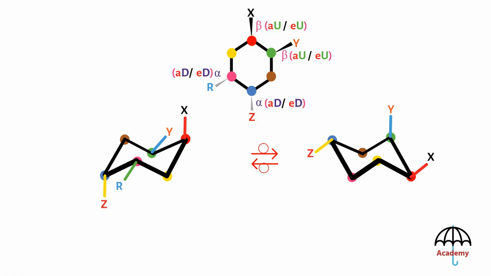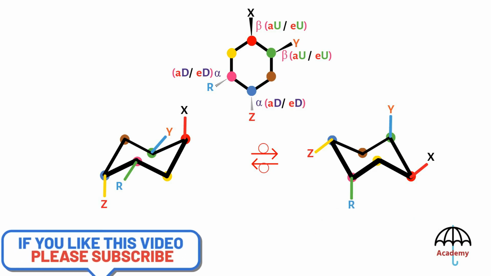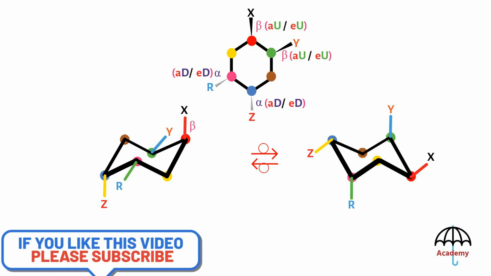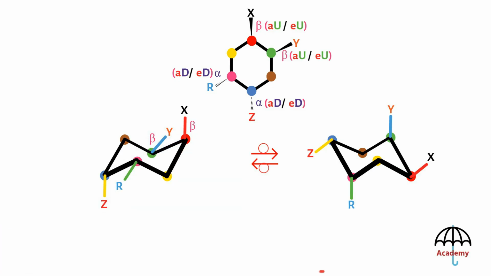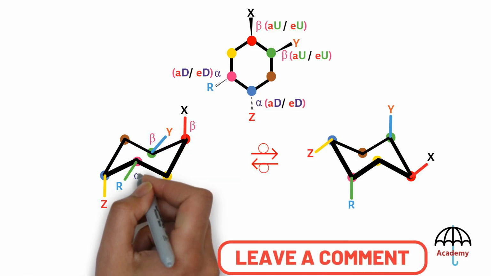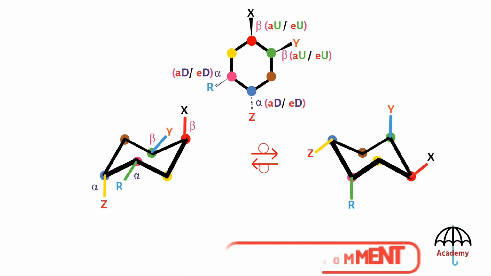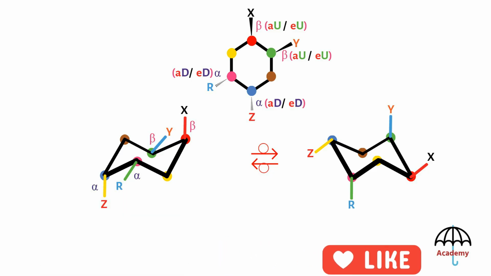In the flipped chair, this will change to axial down. Notice that, just like in the planar form, in the chair form, X is beta, Y is beta, R is alpha, Z is also alpha. And when the ring flips, X remains beta, Y remains beta, Z remains alpha, R remains alpha.